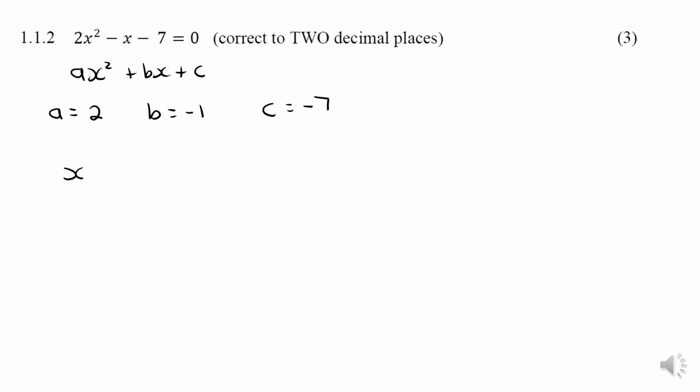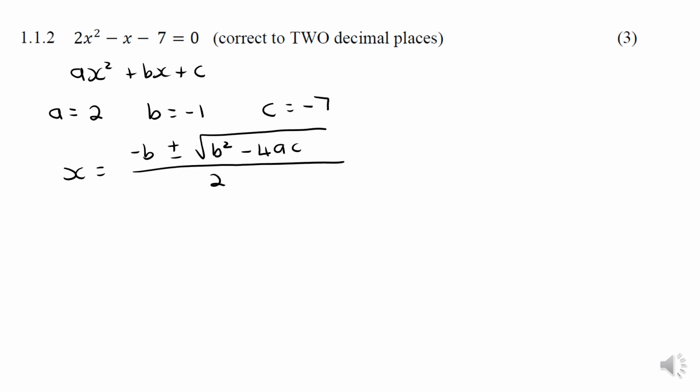Then you write down your quadratic formula, which is x is equal to negative b plus minus square root b squared minus 4ac over 2a. From there, I substitute the values.